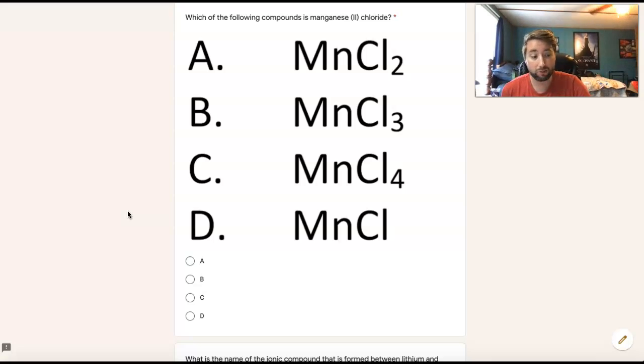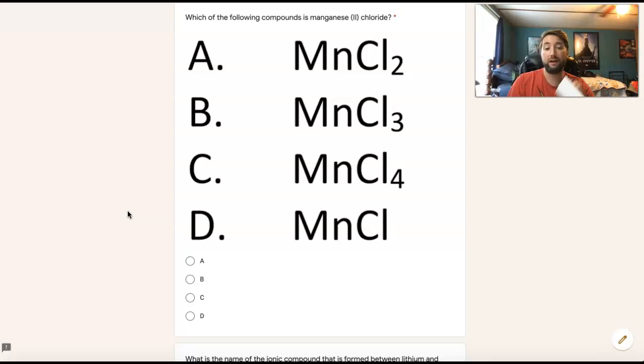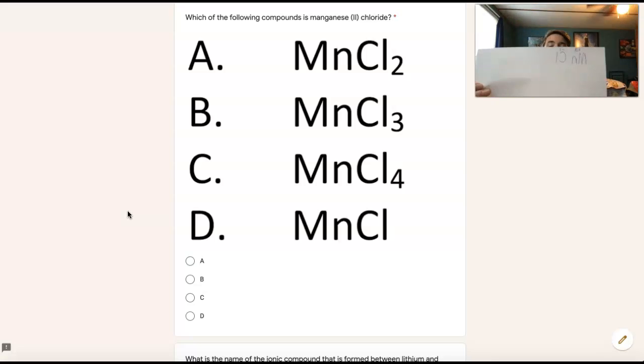So I'm going to find the symbol for chlorine on my periodic table, which is Cl, and I wrote that down beside it. Now I'm going to find the charge of the chlorine. The chlorine is going to be in the -1 category, along with fluorine and bromine and iodine. So I'm going to write -1 above it. So I've got Mn 2+, and then I've got Cl -1.